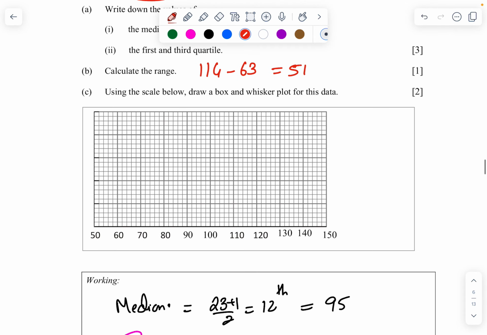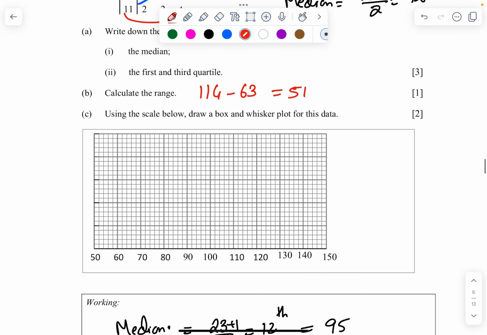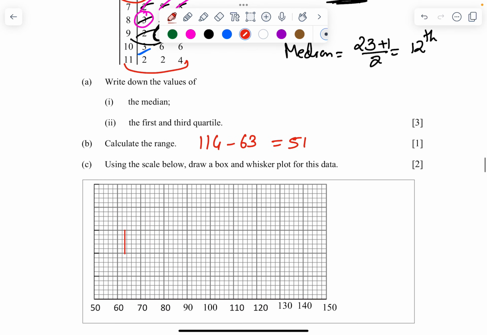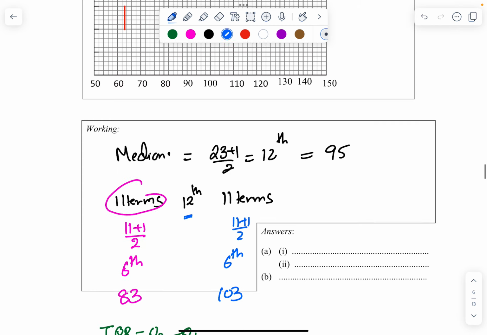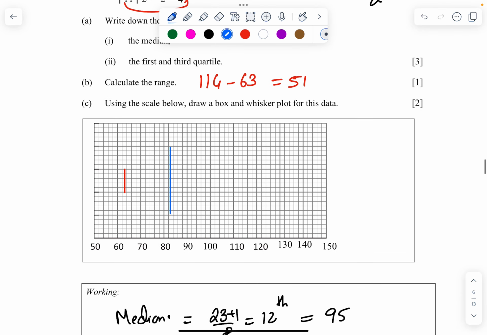Now use the scale below to draw the box and whisker plot. The lowest number is 63. 63 will be somewhere over here. Then the lower quartile was 83. The median was 95.